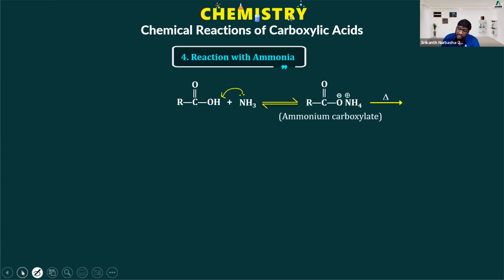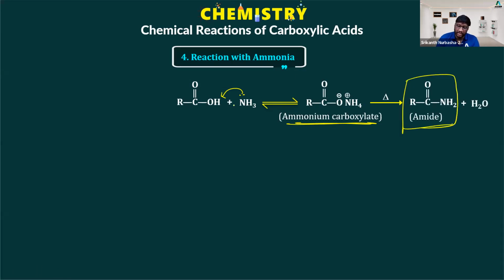If you heat this, rearrangements will occur leading to the formation of amide. Mechanism not required. Heating this will form RC double bond O NH2 and H2O is lost. Simple ammonia without heating forms the respective salt, ammonium carboxylate, but heating that will form amides.